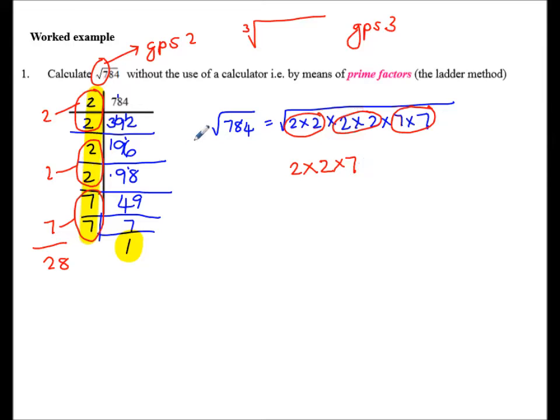And because I've taken 1 from each group of 2, my square root sign disappears, and my answer is 28. Sometimes you're asked to write this in its exponential form. So I have 2 2s multiplied together, multiplied by 7.